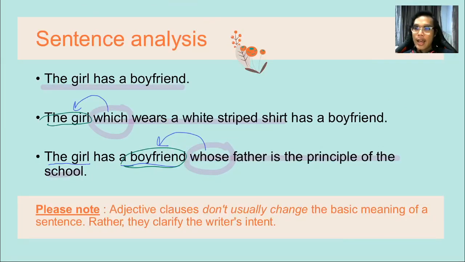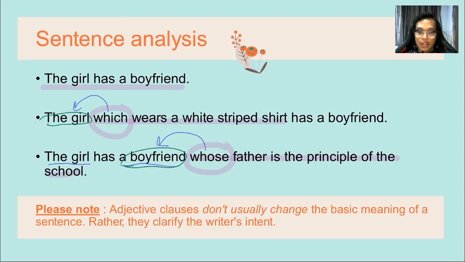Right, and then I have a very important note that you need to know first. Adjective clauses don't usually change the basic meaning of a sentence; rather, they clarify the writer's intent. It means that even though we have two or three adjective clauses in the sentence, and we only have one or two nouns, the meaning of the sentence is still the same.